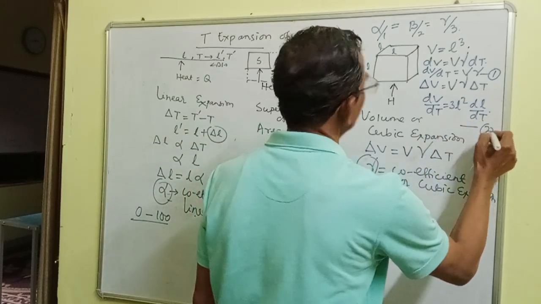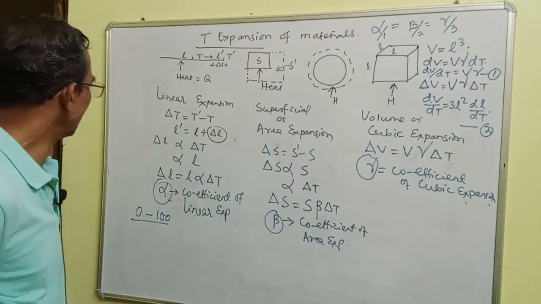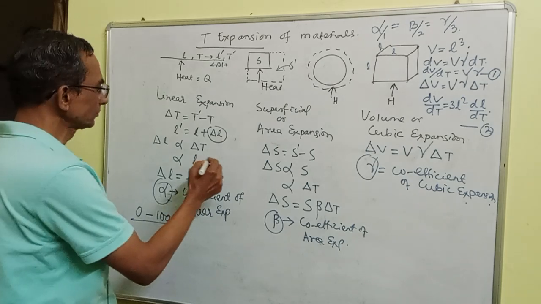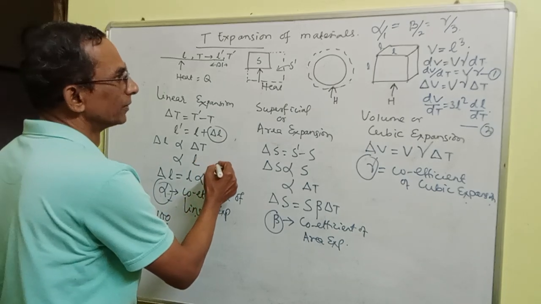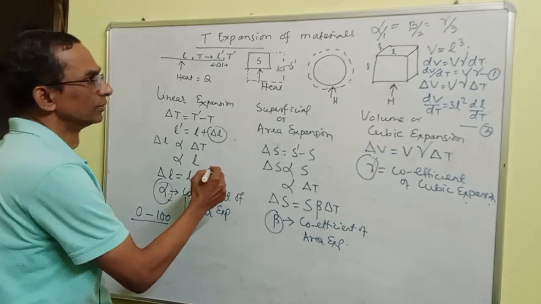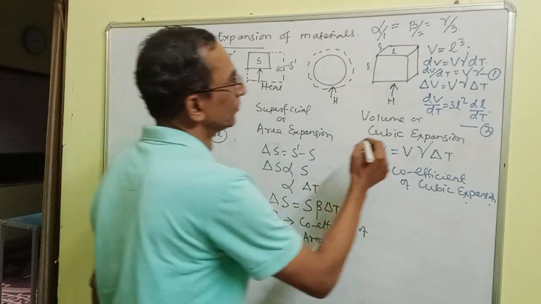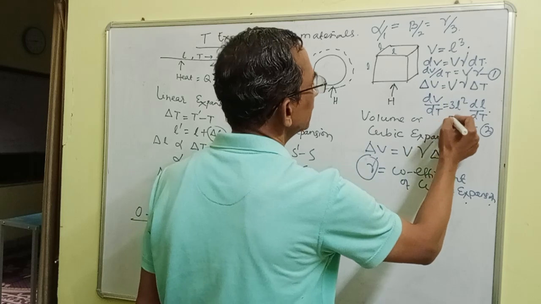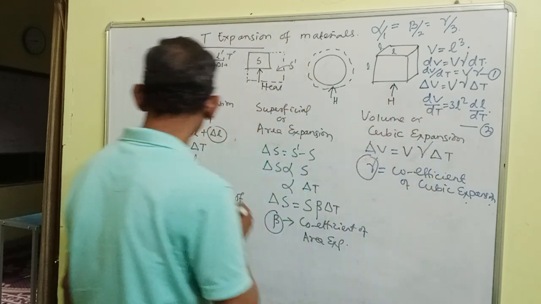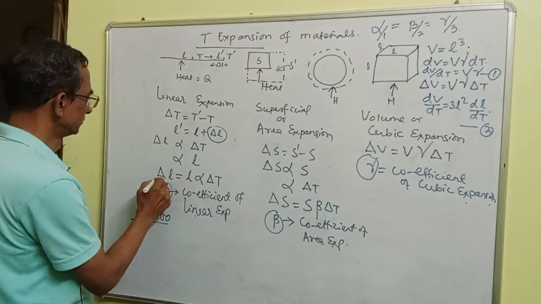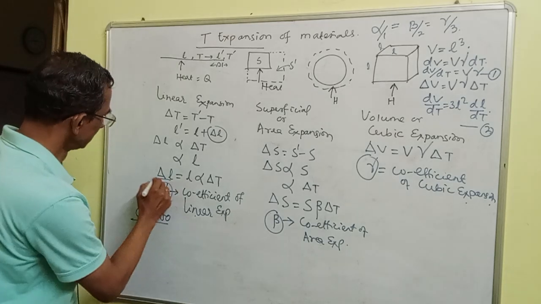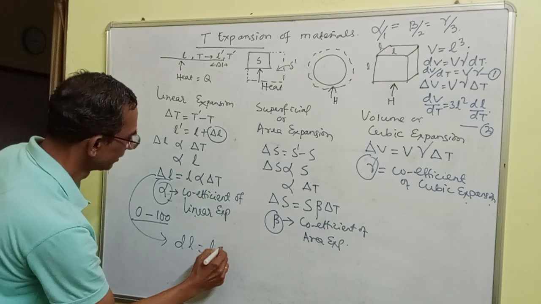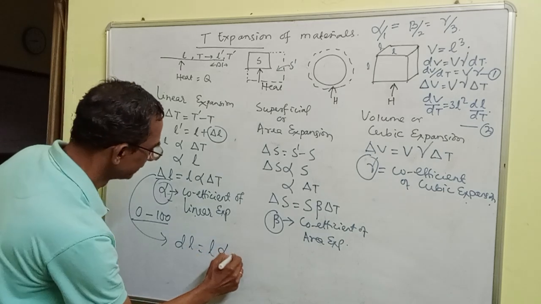Equation 2. We know for a small change in length, this dL by dt becomes L alpha.